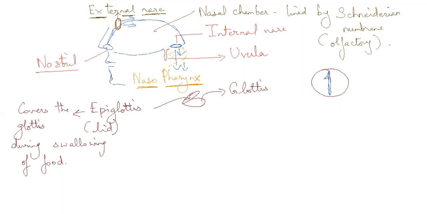These membranes vary in thickness. They are thin towards the slit, and they are thicker behind it.